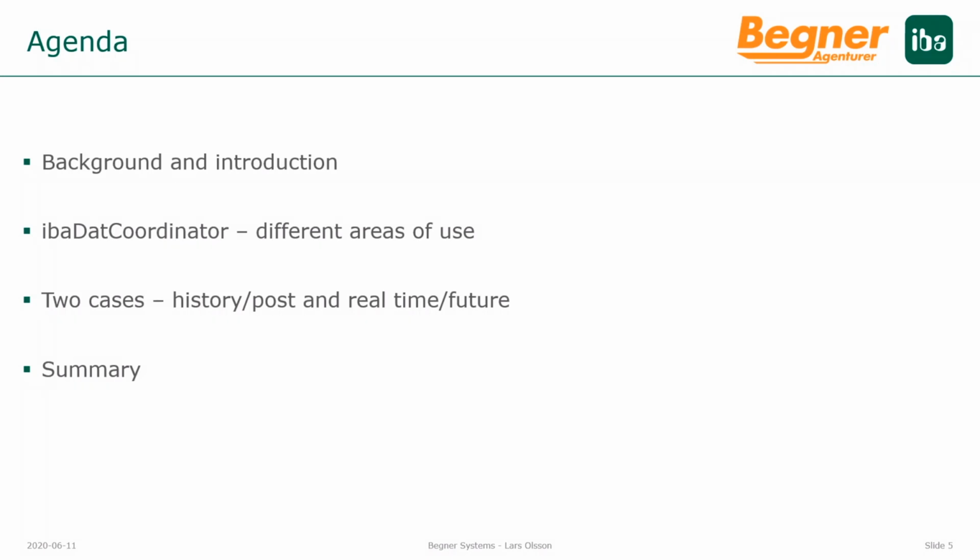One post case or history case where we look back on data and perform something called a one-time job inside ibaDatCoordinator to extract data from that historical data into a database as a key process parameter or a key process indicator.